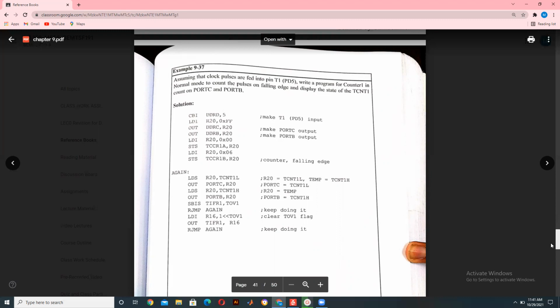We have declared port B and port C as output, and then we have taken the input from TCNT1L.